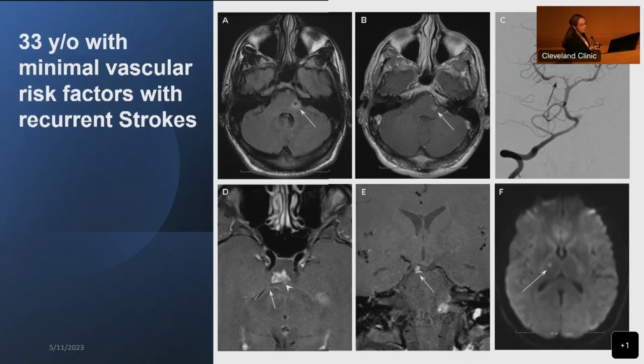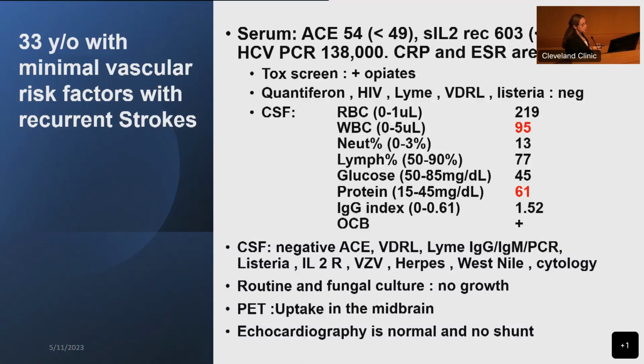You can see on the angiogram very severe stenotic areas, and the vessel wall enhancement where the arrows are, you see this concentric enhancement in multiple vessel areas, especially in the midbrain. So his diagnostic workup showed that his CSF was inflammatory, with mildly low glucose, but his blood glucose was also low, and an extensive CSF workup for infection was negative with no growth.